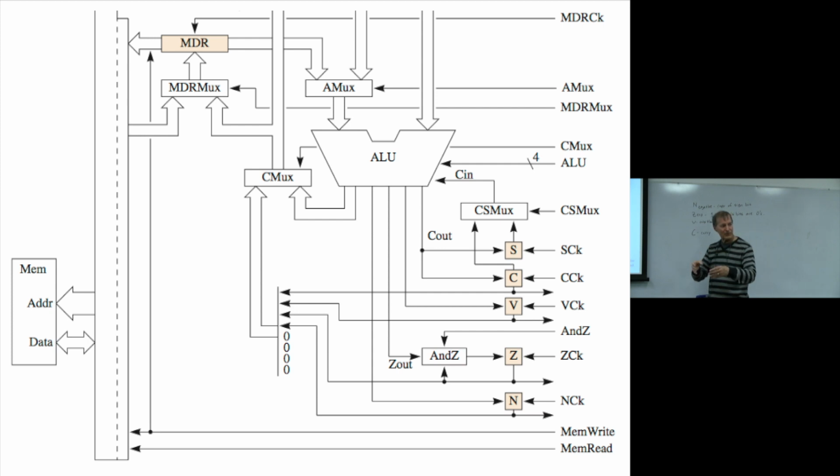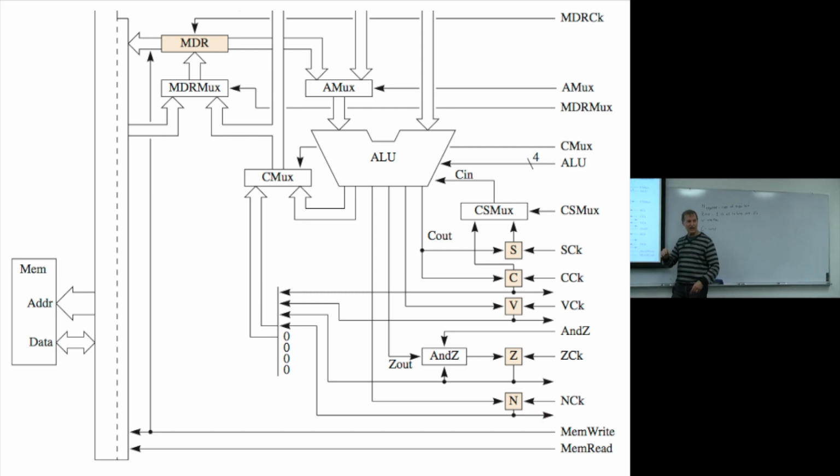If the high order 8 bits is also 0, then the Z out of the ALU needs to be ANDed with this, because you could have 0 in the low but not in the high. You could have 0 in the high but not in the low. But when you want it to be set is when you have 0 in the low and 0 in the high. Are you with me?